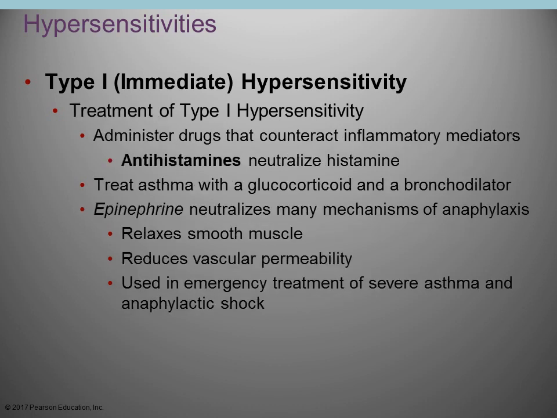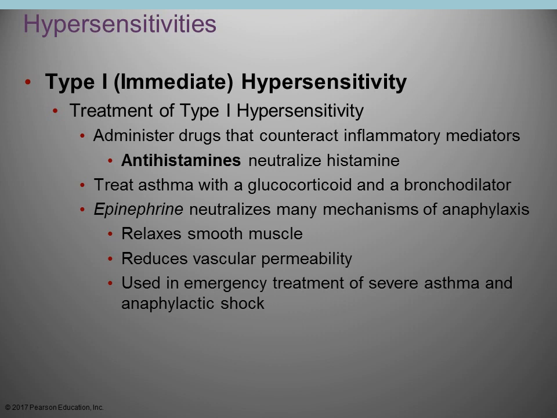avoid the allergens. If you are having a response, you can take antihistamines to try to neutralize the histamine that's being released. If one of the side effects that you have is asthma, then that can be treated with a bronchodilator and a glucocorticoid type medication.